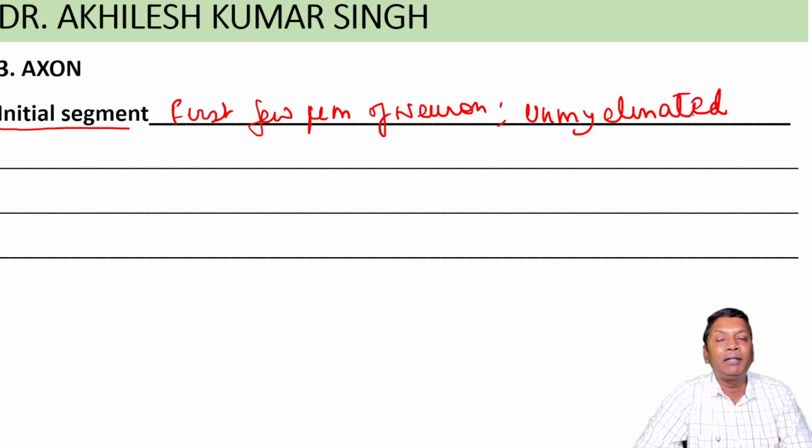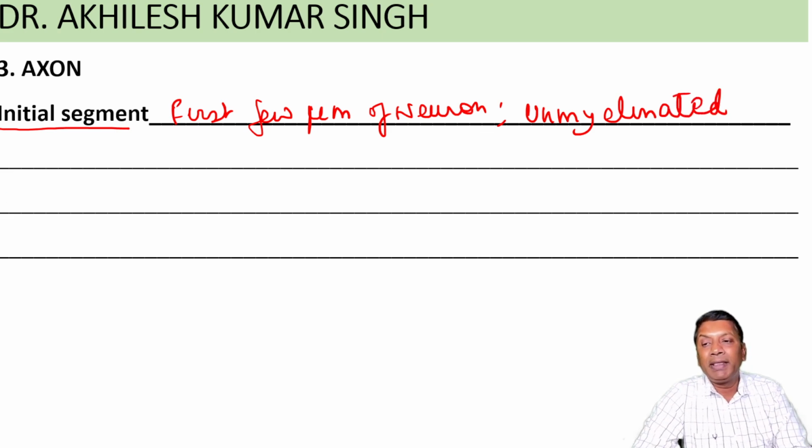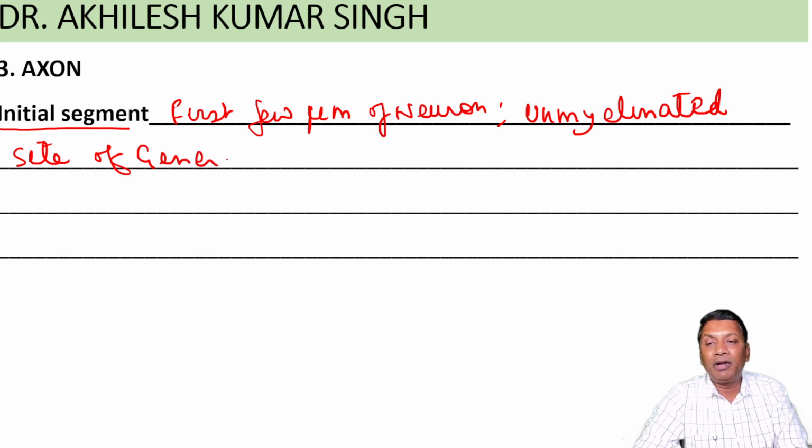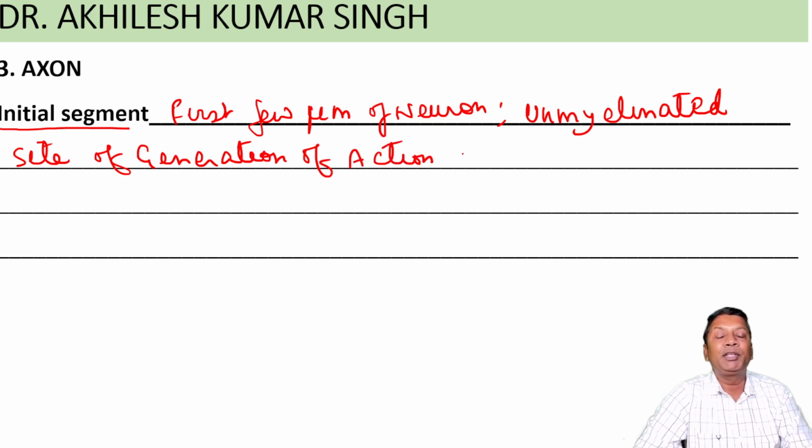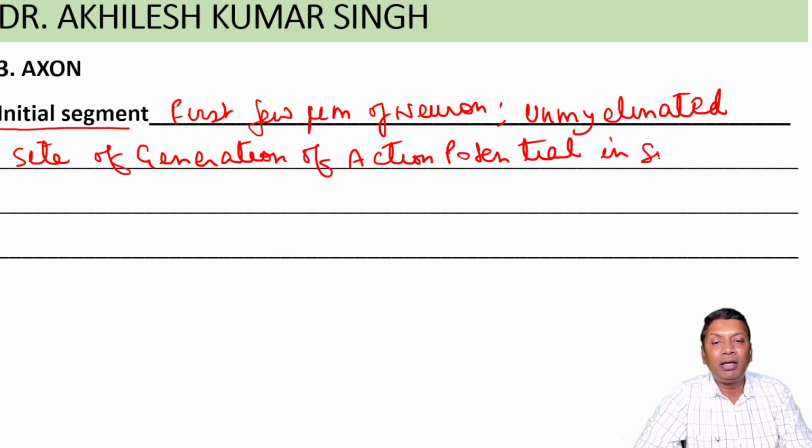And what is the importance of this initial segment? This initial segment is the site of generation of the action potential in the spinal motor neuron.